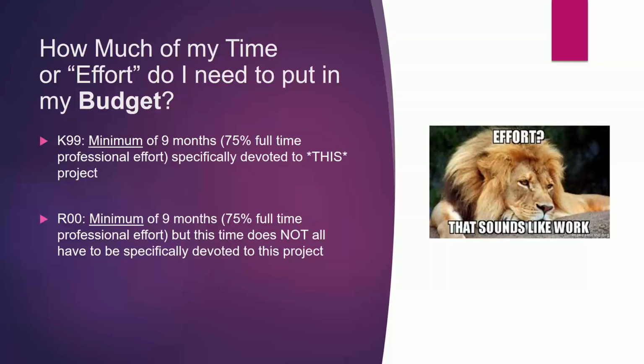I need to devote 75% of my time related to these research and career goals, but it doesn't all have to be, if you're an assistant professor somewhere, you're going to have other teaching duties. So it's not reasonable to think that this will be your only thing you're doing during this time.